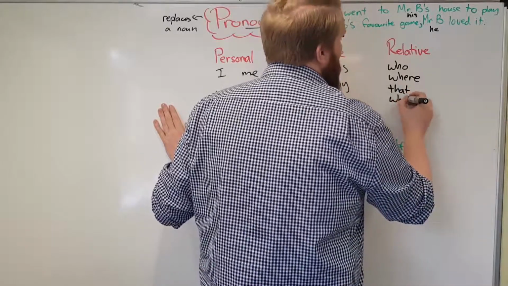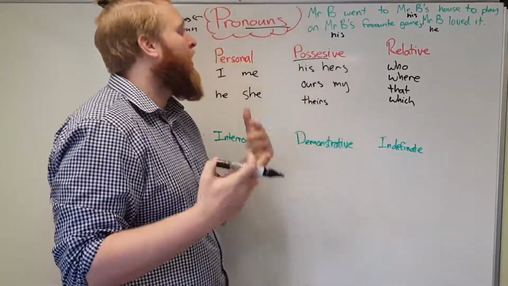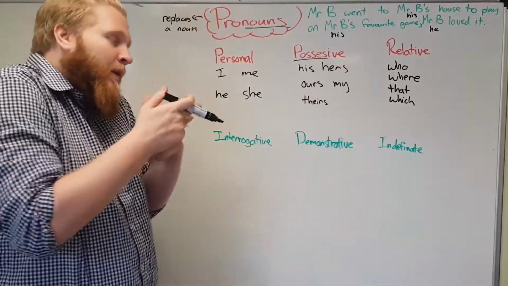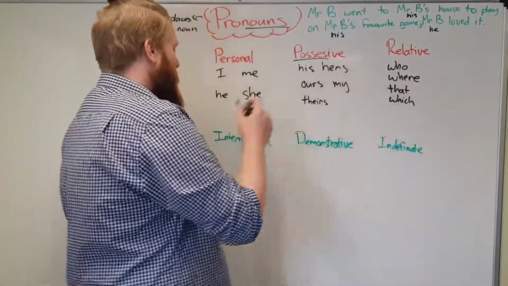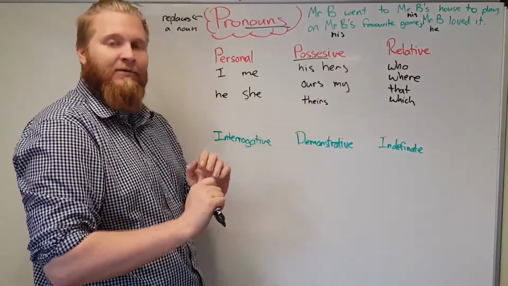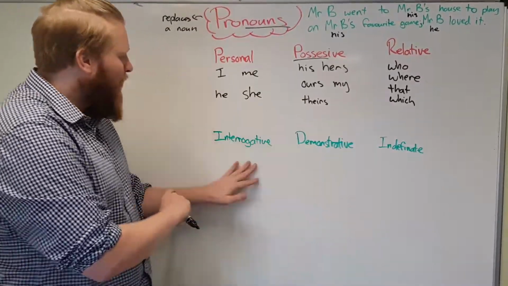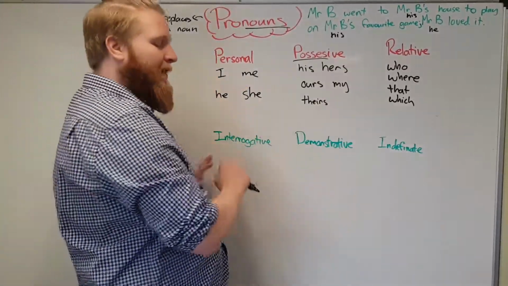So it's normally our W's and that: who, where, which, whom, that. Now it depends on which way they're used, because we're going to look at some here, called interrogative. We'll look at these here, and some of them will be the same, but it's how we use them. And I'm going to explain that after I've gone through.